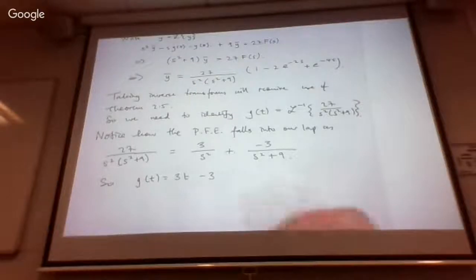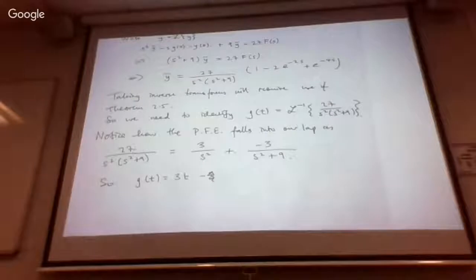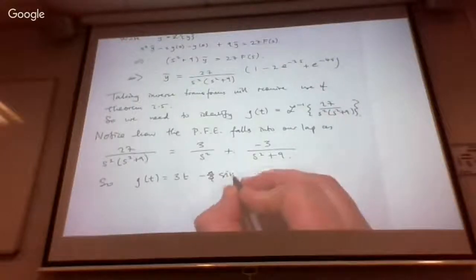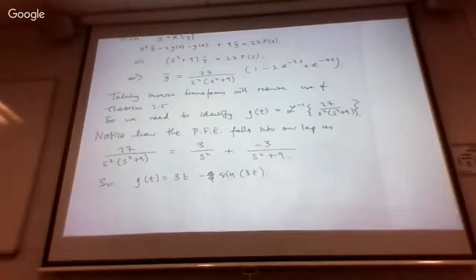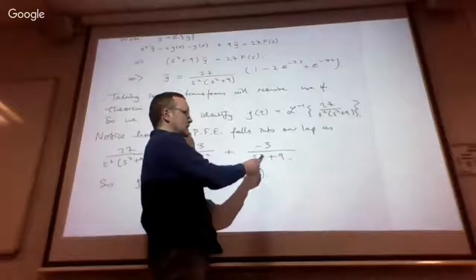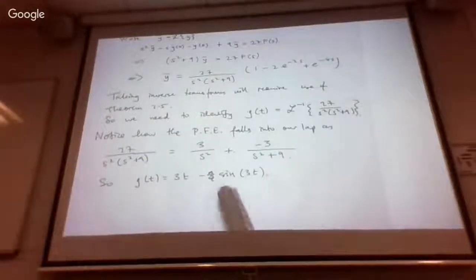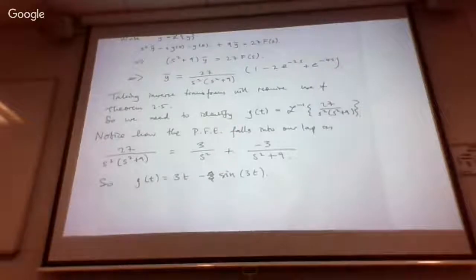Oh, no, in fact, not minus 3. That's just minus the sine of 3t. If you look in the table of Laplace transforms, there'll be an entry which is omega over s squared plus omega squared. That's the transform of the sine function, sine of omega t. So that's our function g of t.